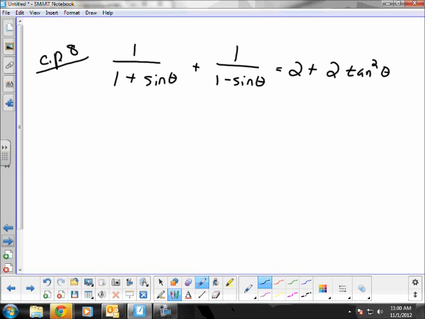So it may be that we wind up working on both sides, and that's okay, just not at the same time. We're going to work on one side for a while, then we'll work on the other side probably.